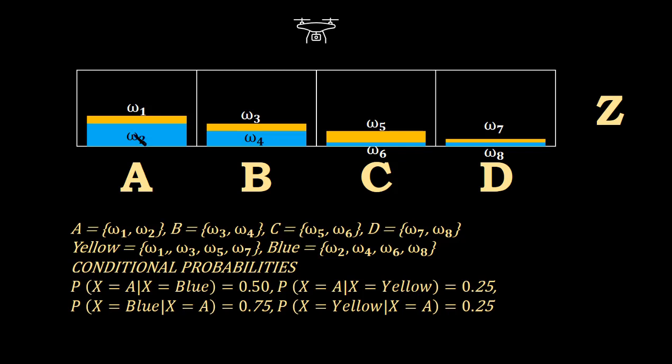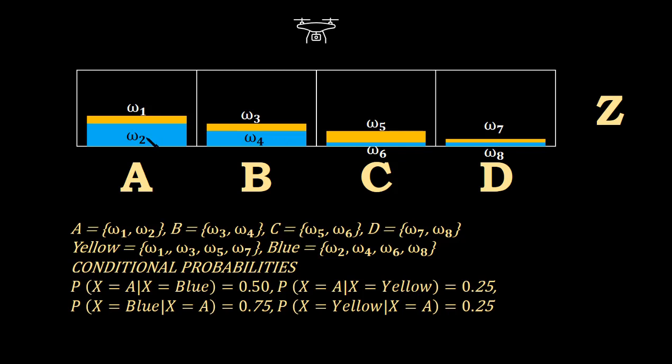Okay, so we obtain the total probability of these four elements of the sample space, and then the probability of this space over the total probability, that is the conditional probability.